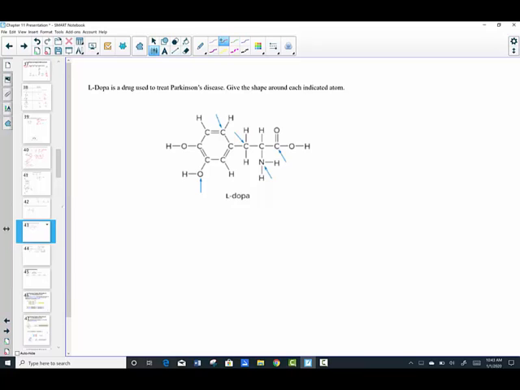All right, well, we'll start at the top. I'll just place a circle around this carbon. I can see that it's attached to 3 different atoms, making this carbon trigonal planar. This carbon is attached to 4 different atoms, so it is tetrahedral.